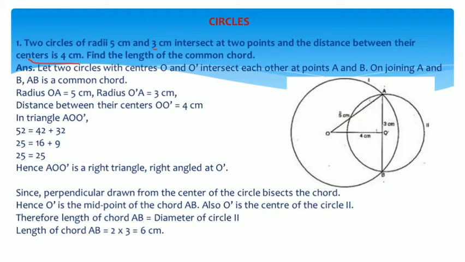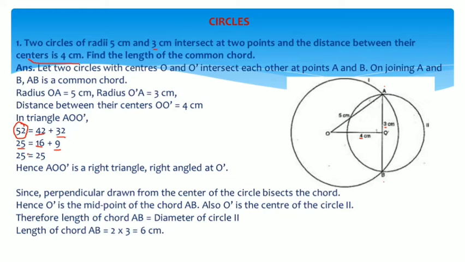Now let me take the square of all three sides. The square of 5 is 25. Similarly, the square of 4 is 16, and the square of 3 is 9. If you add 16 plus 9, it comes to 25.